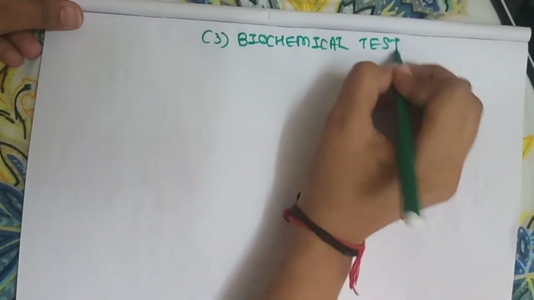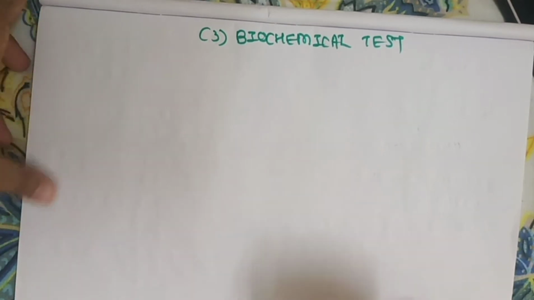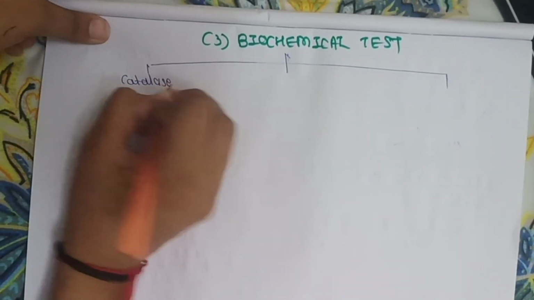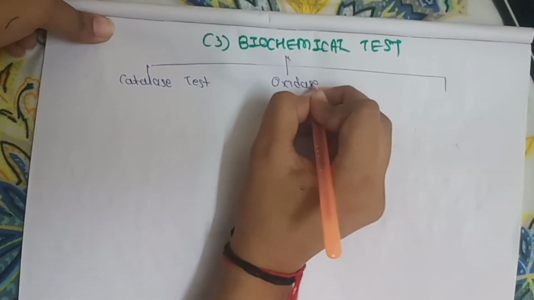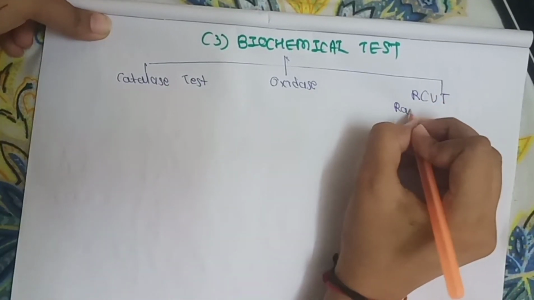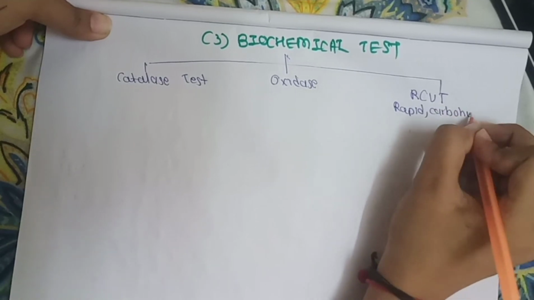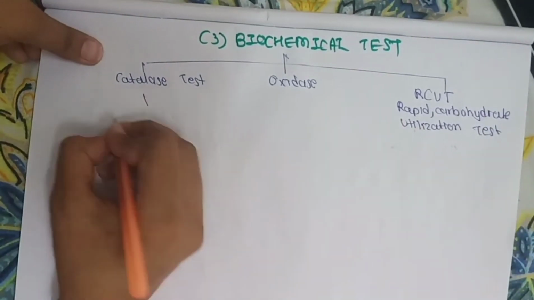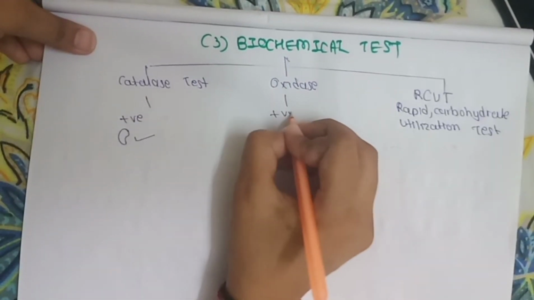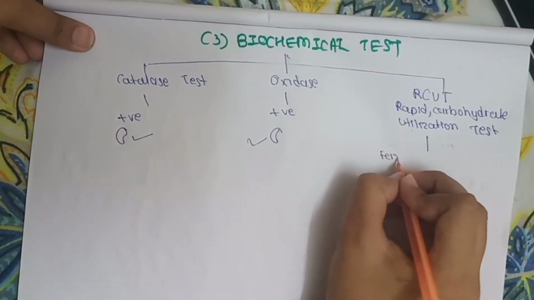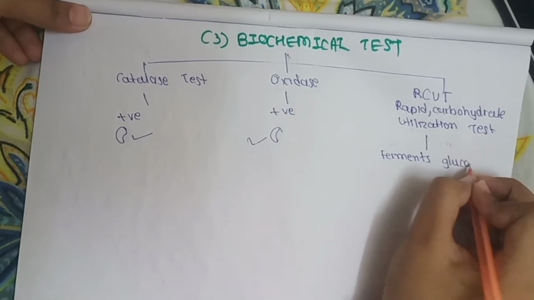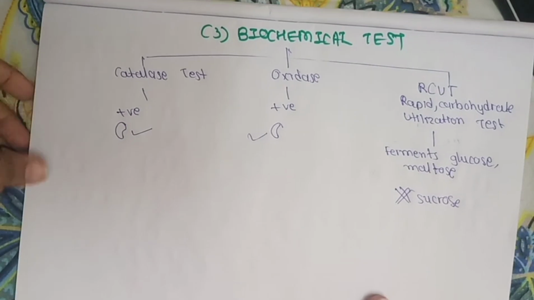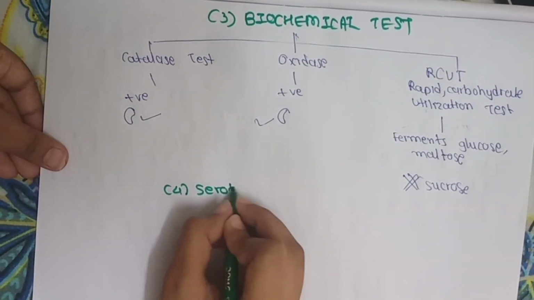Now the third method is biochemical tests for identification. Neisseria meningitidis mainly has three biochemical tests, which include catalase test, oxidase test, and RCUT, rapid carbohydrate utilization test. Meningococcus will give positive catalase test and positive oxidase test. Now in RCUT it ferments glucose and maltose but does not ferment sucrose.